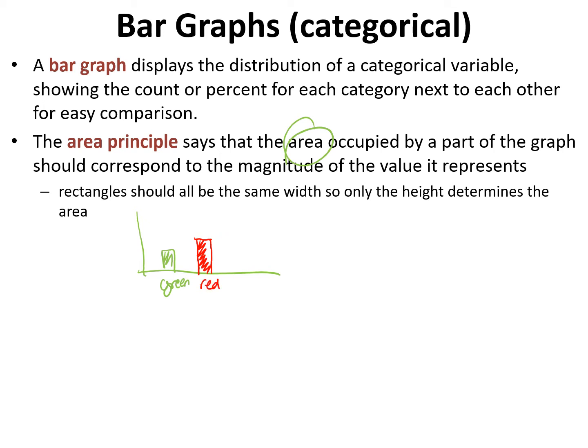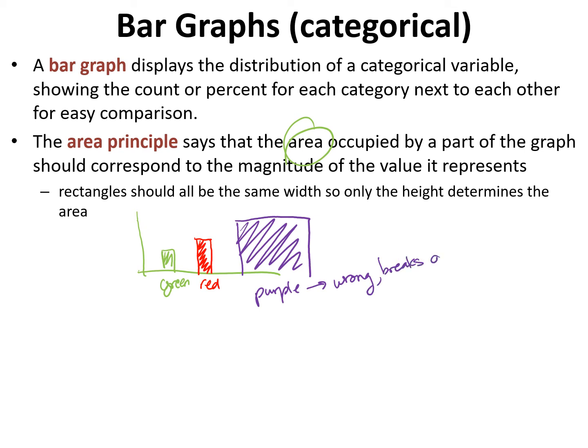A poor example would show something like this. This breaks the area principle. So make sure that the only difference in whatever it is that you choose for a bar graph, normally a rectangle, the only difference should be the height.